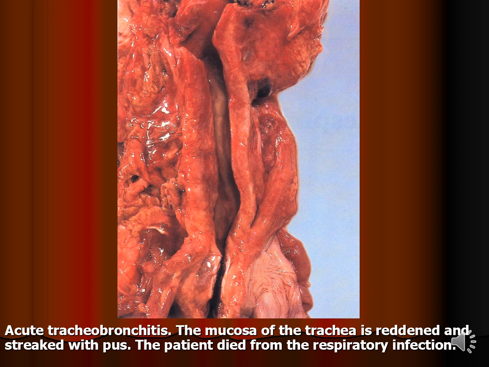The trachea is opened, and the mucosa of the trachea is reddened and streaked with pus. So here you see such a yellowish cover. This is pus. You must know that the patient died from a respiratory infection, and we see here a gross picture of such pathology, tracheal bronchitis.